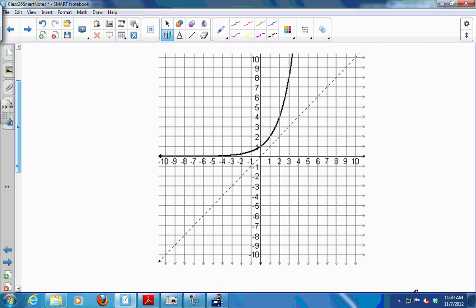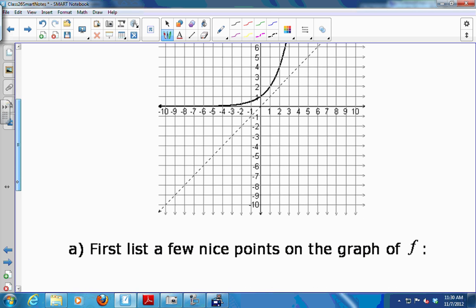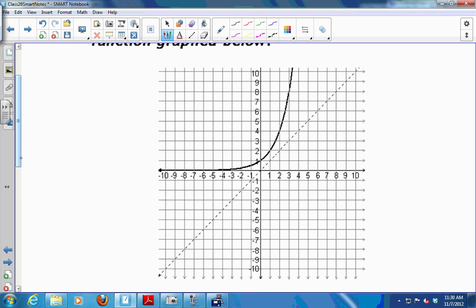So here's a graph of f right here. I want to sketch f inverse. The way I do it is list a few nice points on the graph of f. I'll pick a few nice points that cross grid lines, and maybe a couple over here too, to have a few that are negative also. And that's good.